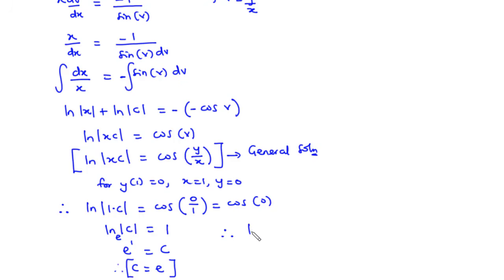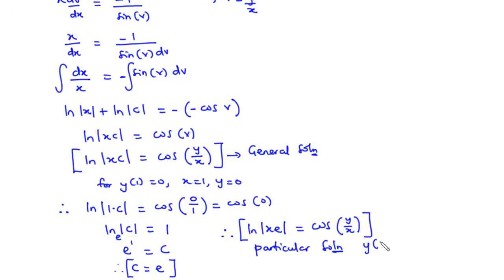So we are going to have ln of absolute value of x times e equals cos y over x. So this is called the particular solution per the initial value condition given, y of 1 equals 0.